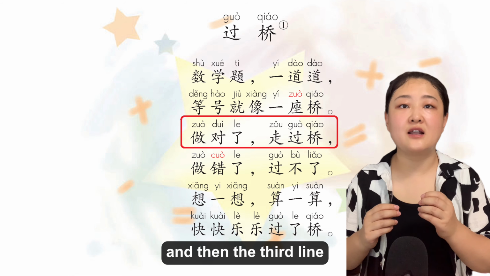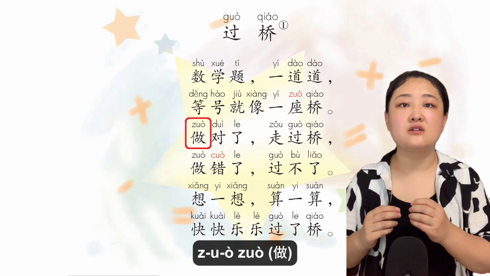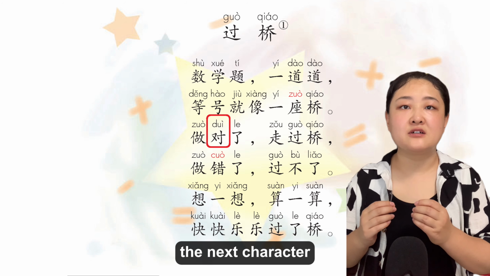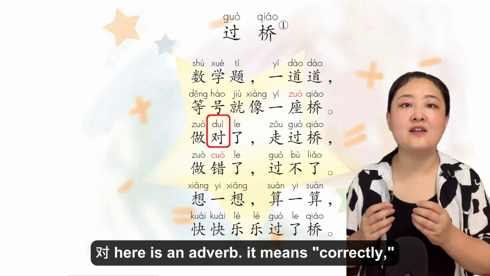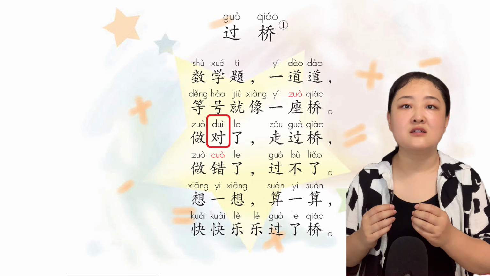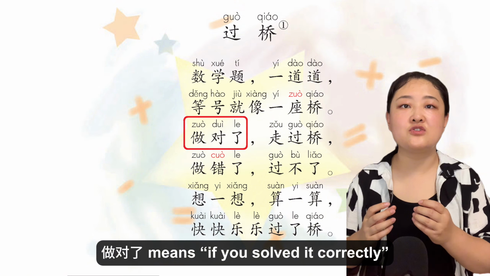And then the third line. The first character is 做. Repeat after me. Here, 做 means to solve. The next character, 对. 对 here is an adverb. It means correctly. And then 了 used to indicate that something is already done. 做对了 means if you solved it correctly.